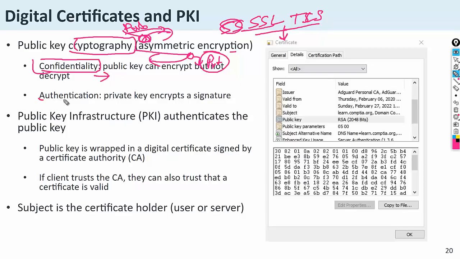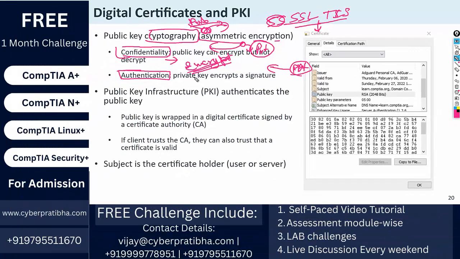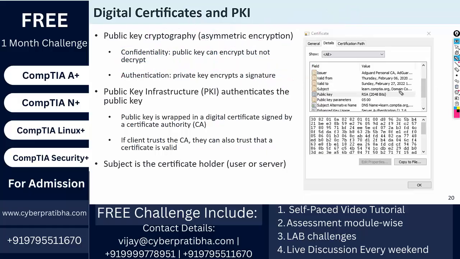It is also used for authentication, meaning authenticity of the data. When I use my private key to encrypt the data, only you can decrypt it, because you have the public key. Later on I cannot deny that I sent this data. This is known as a digital signature.